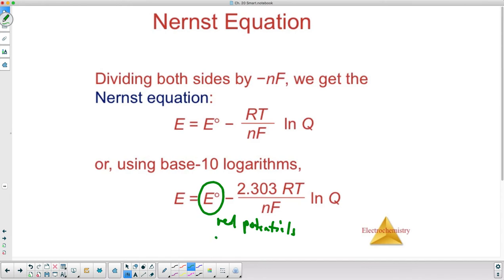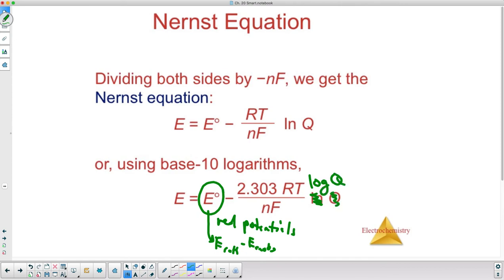That would be E cathode minus E anode, so reduction minus oxidation. Sorry, I said that backwards. So that's how we get this E standard here, and then minus this term. This should be log Q, like that.